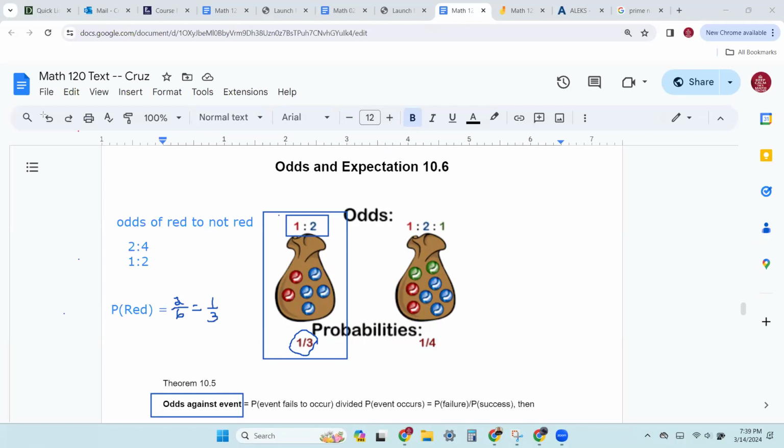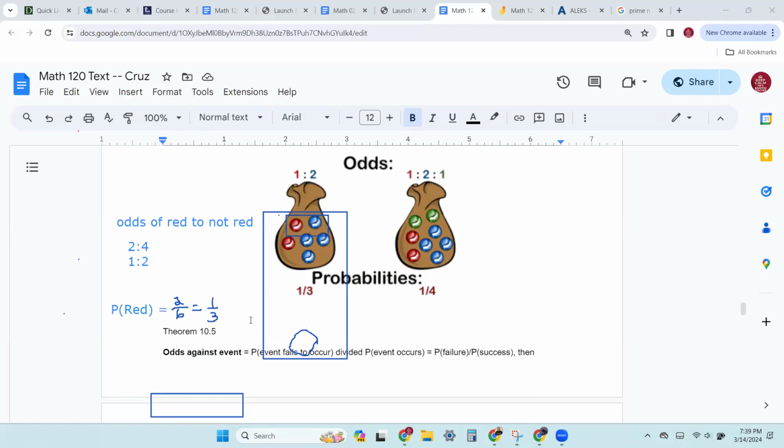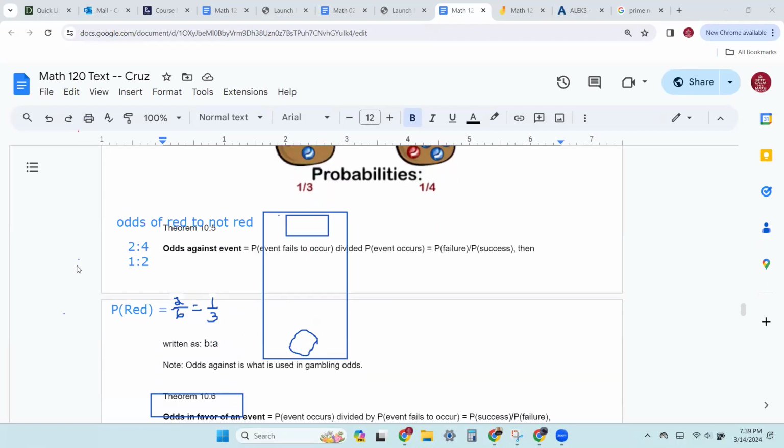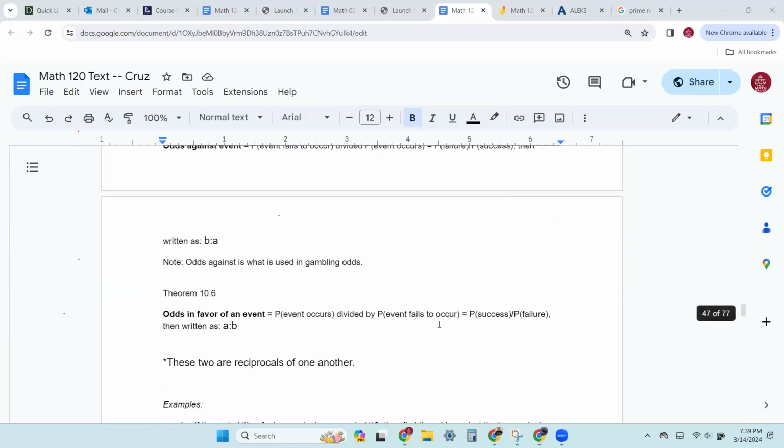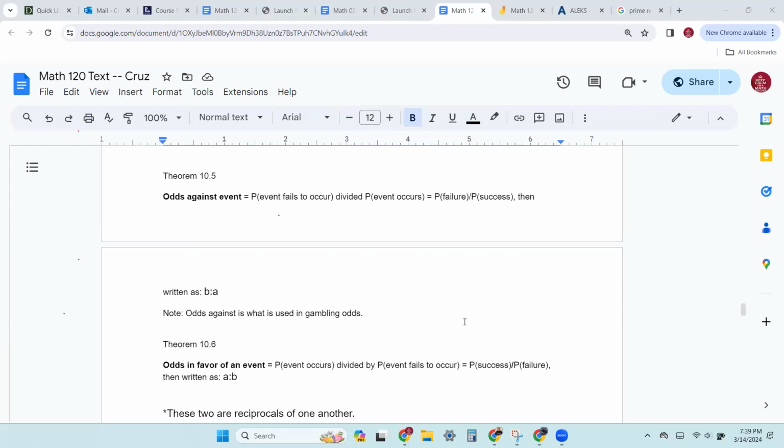All right, so the other odds is like the one that was up here. This is odds in favor of an event. Odds in favor is just flip them around from this.